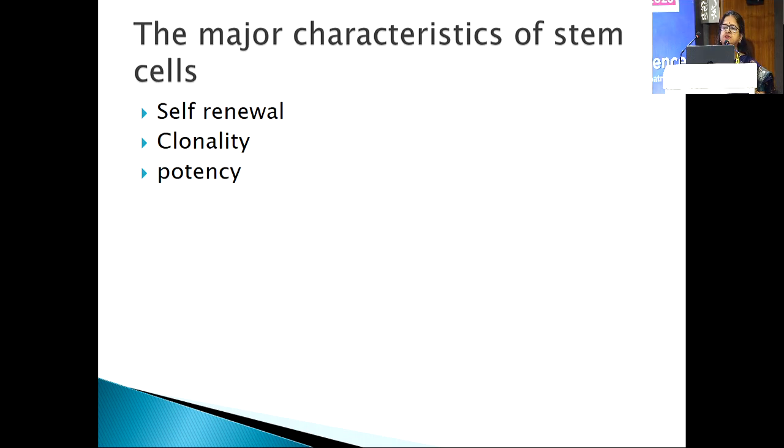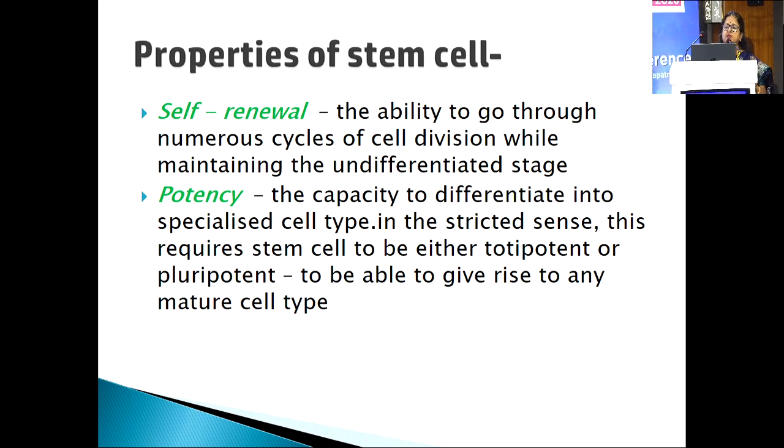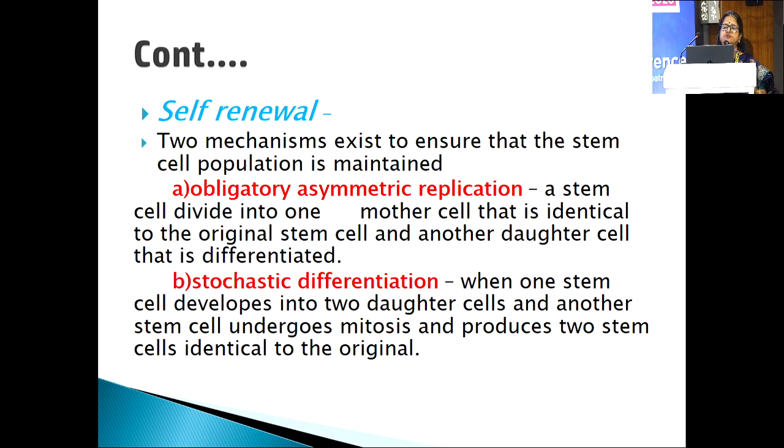The major characteristics of stem cells are self-renewal, clonality, and potency. Self-renewal is the ability to go through numerous cycles of cell division while maintaining the undifferentiated stage. Potency is the capacity to differentiate into specialized cell types. In the strictest sense, this requires stem cells to be either totipotent or pluripotent to be able to give rise to any mature cell types.